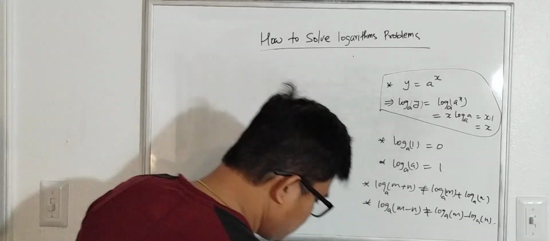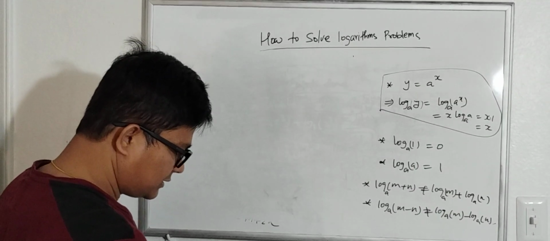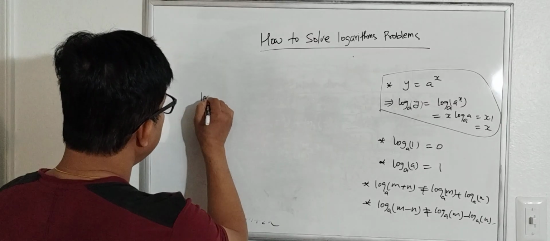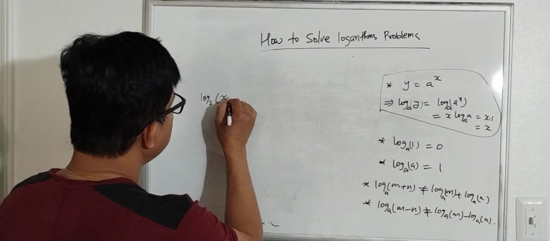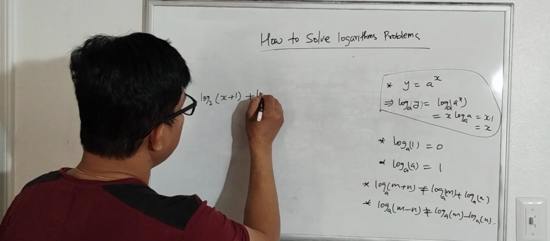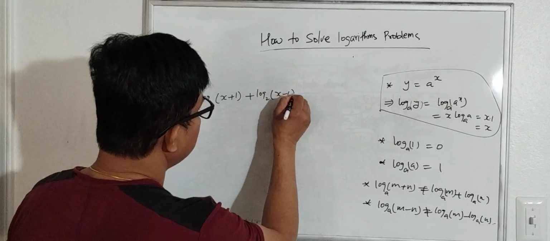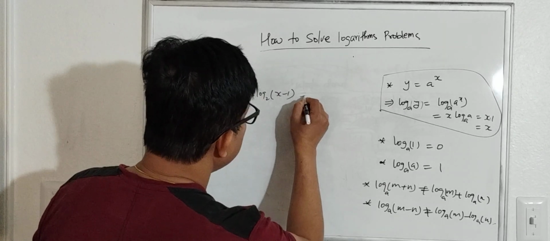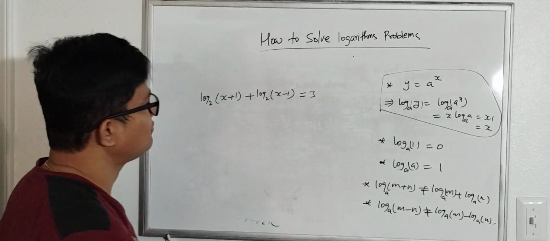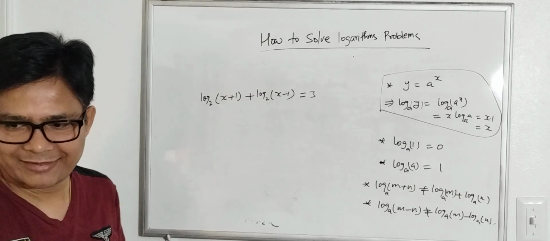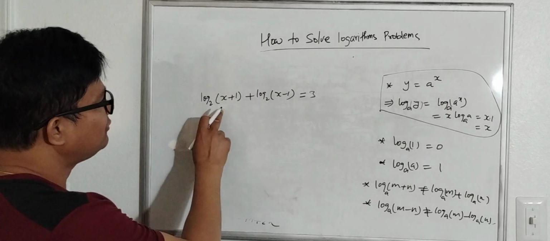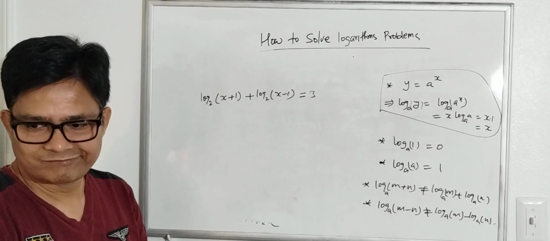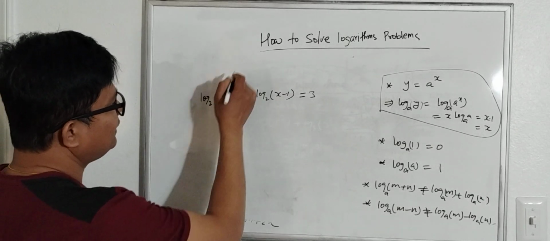Now sometimes there may be equations. Let's see. Log base 2 of x plus 1 plus log base 2 of x minus 1 is equal to 3. Look at the board. Now you have to find the value of x. What do you see here?